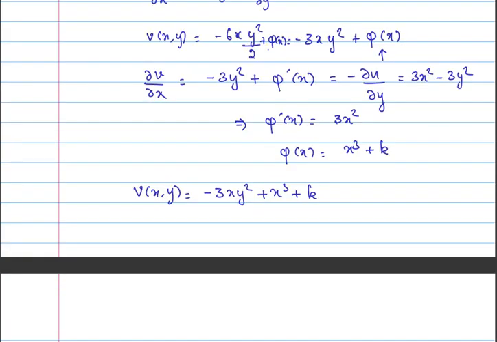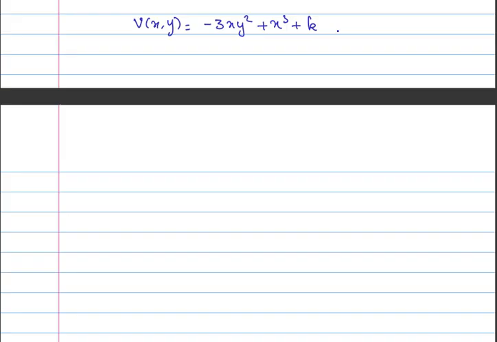You can use the result x equal to z plus z bar divided by 2 and y equal to z minus z bar divided by 2i, but I am not going to use that. I am going to use this result: f of z equal to u of z comma 0 plus i times v of z comma 0.